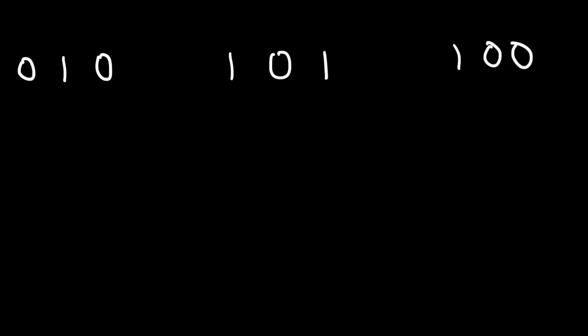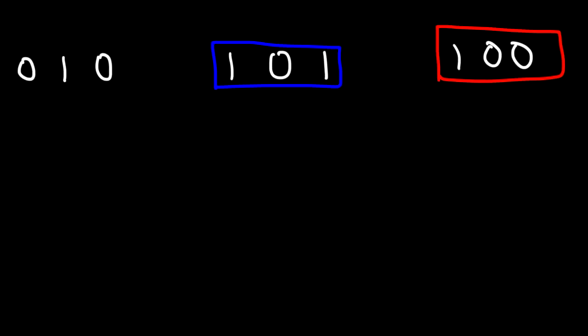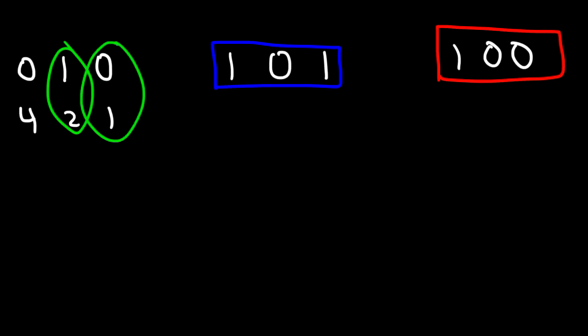So let's convert these three groups of numbers into a decimal value. So here we have a 4 and a 2 and a 1. So we need to multiply 0 by 4, which is 0, 1 by 2, which is 2, and then 0 by 1.